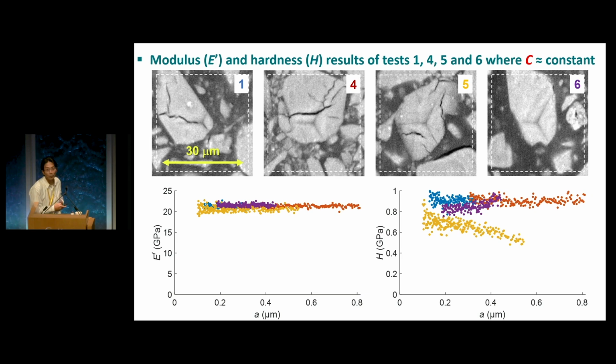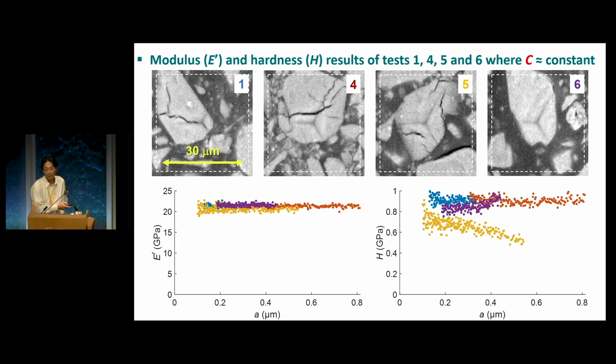So we had 8 indentation experiments from this sample. 2 of the 8 were excluded because the stiffness versus depth curve indicated possible adhesion of the binding material on the tip. Before performing those 2 experiments, the indenter was used to study the properties of the binding material.